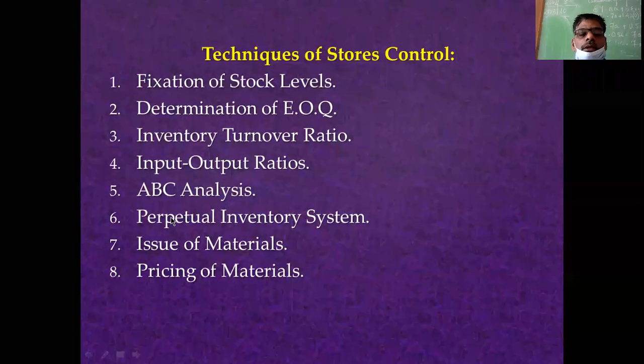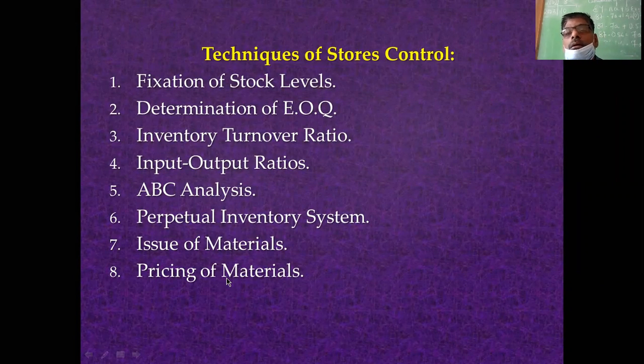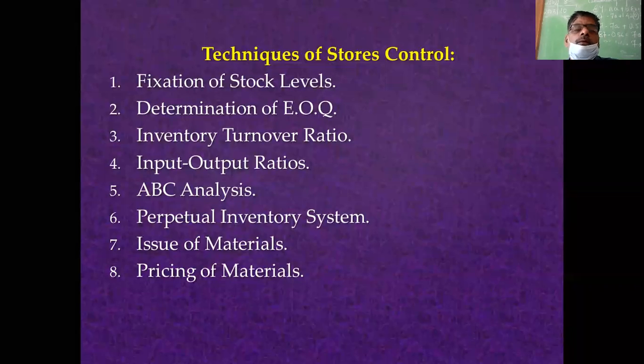Points 5, 6, 7 are 2 marks questions, and pricing the material is again a 15 marks question. Therefore, I'll discuss in detail stock levels, economic order quantity, inventory turnover ratio, input output ratio, then pricing the material.